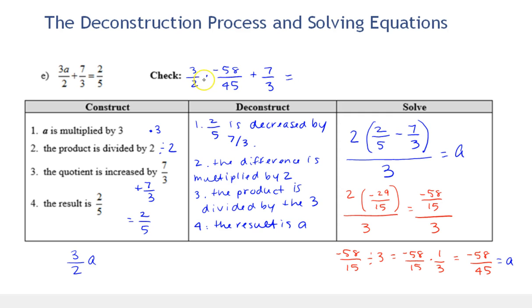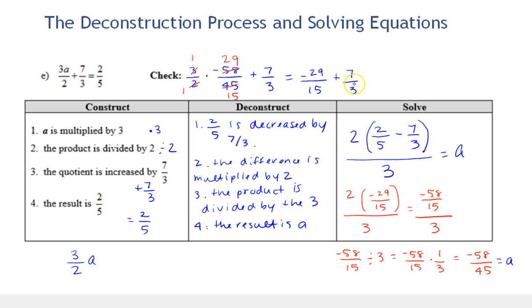Okay, so first I do the multiplication. 3 and 45 have a common factor of 3. These have a common factor of 2. So this would be 29. Okay. So notice now, this is 1 times negative 29 over 15, which is just negative 29 over 15, plus 7/3.